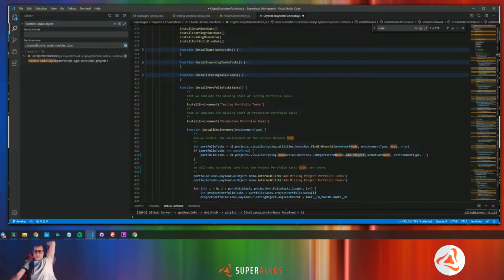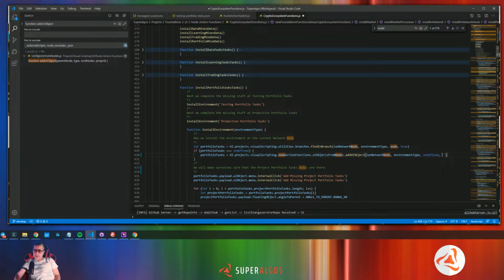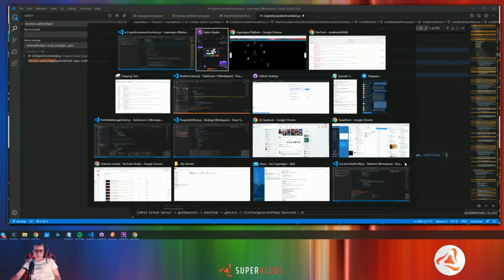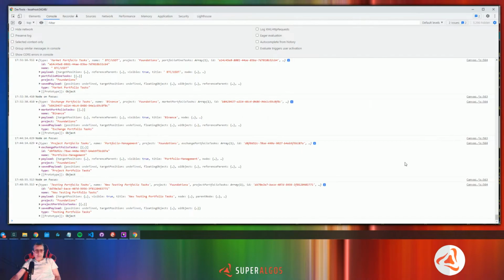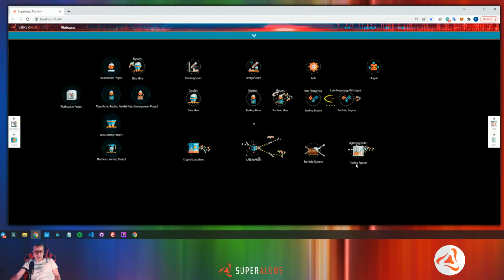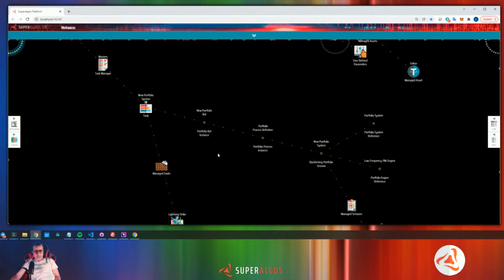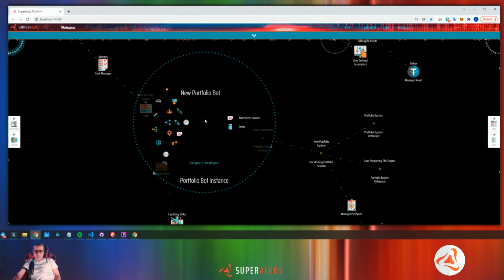Root nodes, project. So here the root nodes is undefined, but the project is going to be... So there's no node here that is from portfolio management at all. Like, come on. Portfolio bot instance, at least.